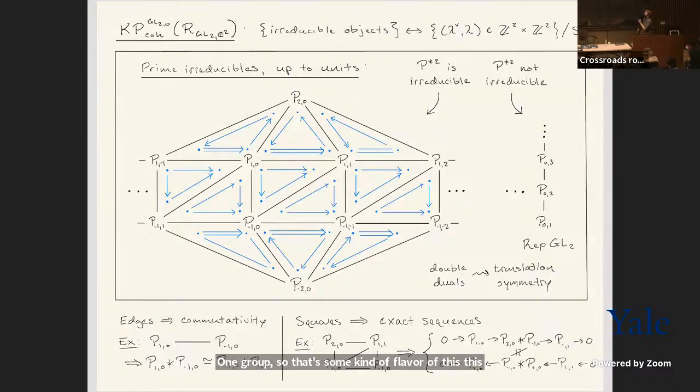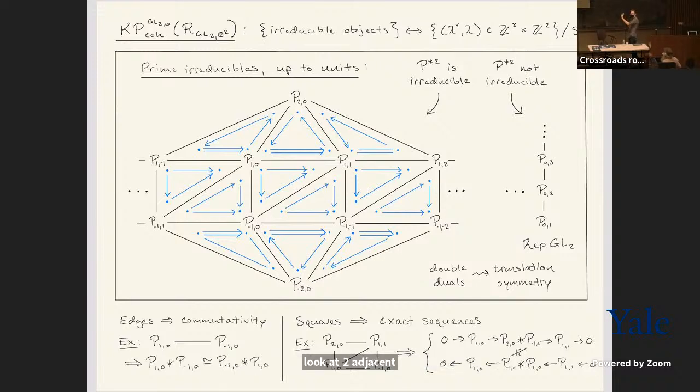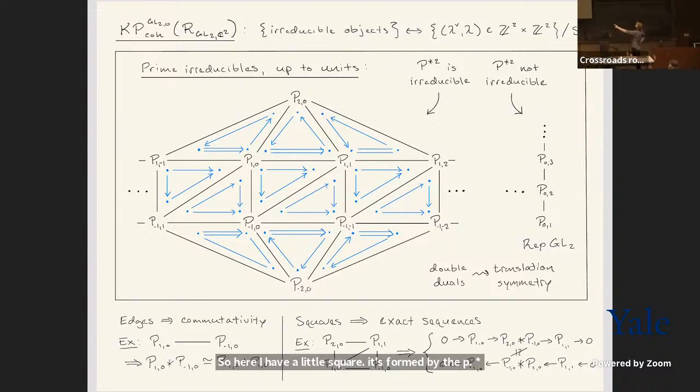And the most basic situation where this asymmetry manifests is when you look at two adjacent triangles in this picture, and you take the objects at the opposite vertices of that pair of triangles. Here I have a little square formed by P20, the top vertex there, and the opposite thing, P-10, on the third row down.